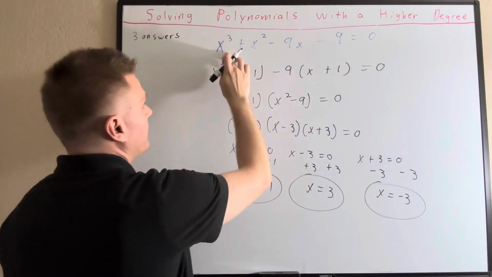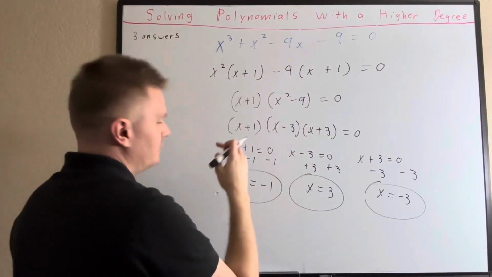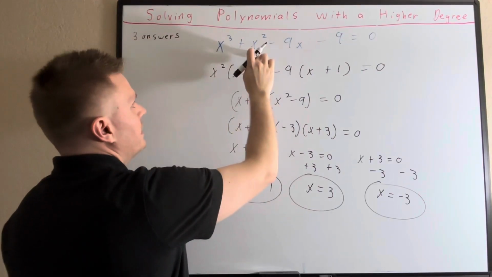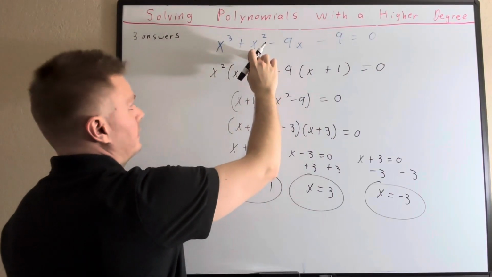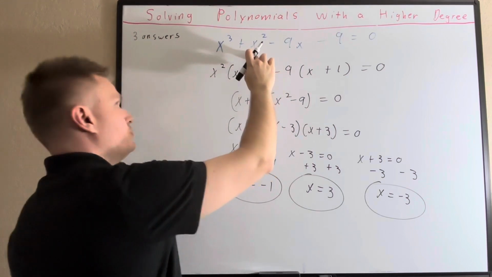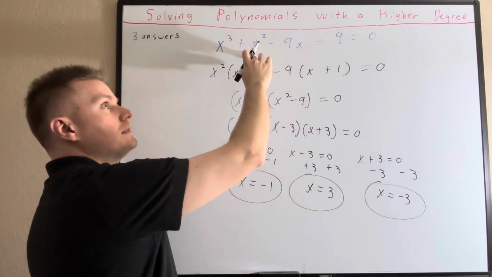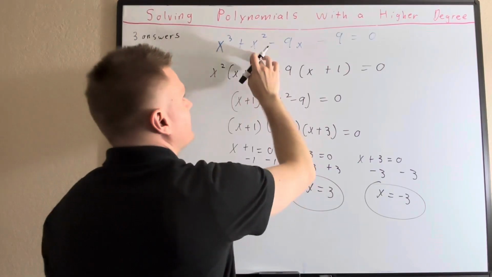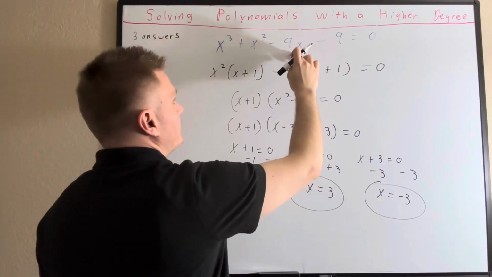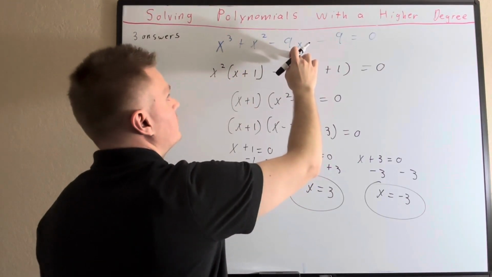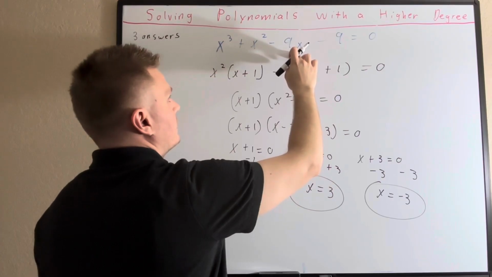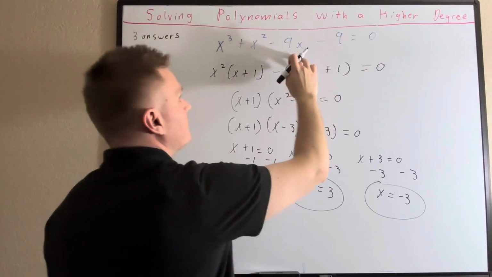All right, 3. 3 cubed is 9. Plus, no, it's not 9, it's 27. Plus 3 squared is actually 9. So that's 36. Yeah, 36. Minus 3 times 9, which is 27. So we're left with 9 again.